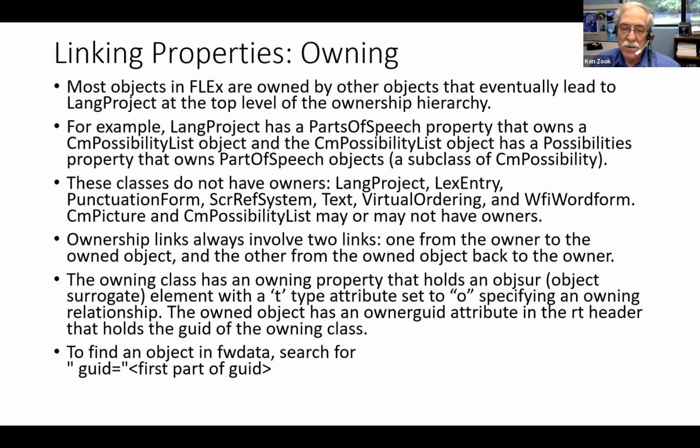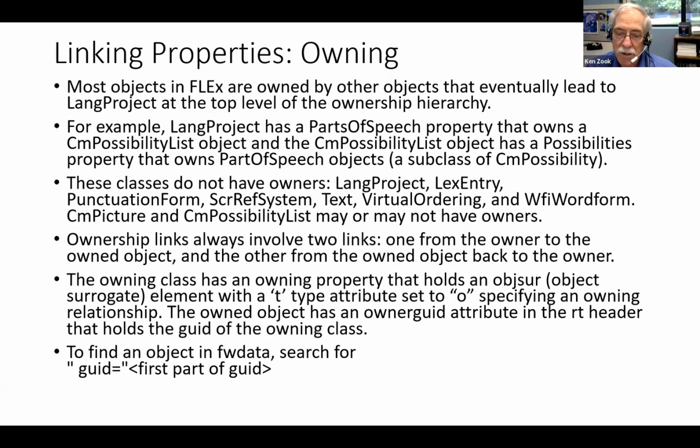Ownership links always involve two links, one from the owner to the owned object, and the other from the owned object back to the owner. The owning class has an owning property that holds an objsur, or object surrogate element, with a t type set to o, specifying the owning relationship.